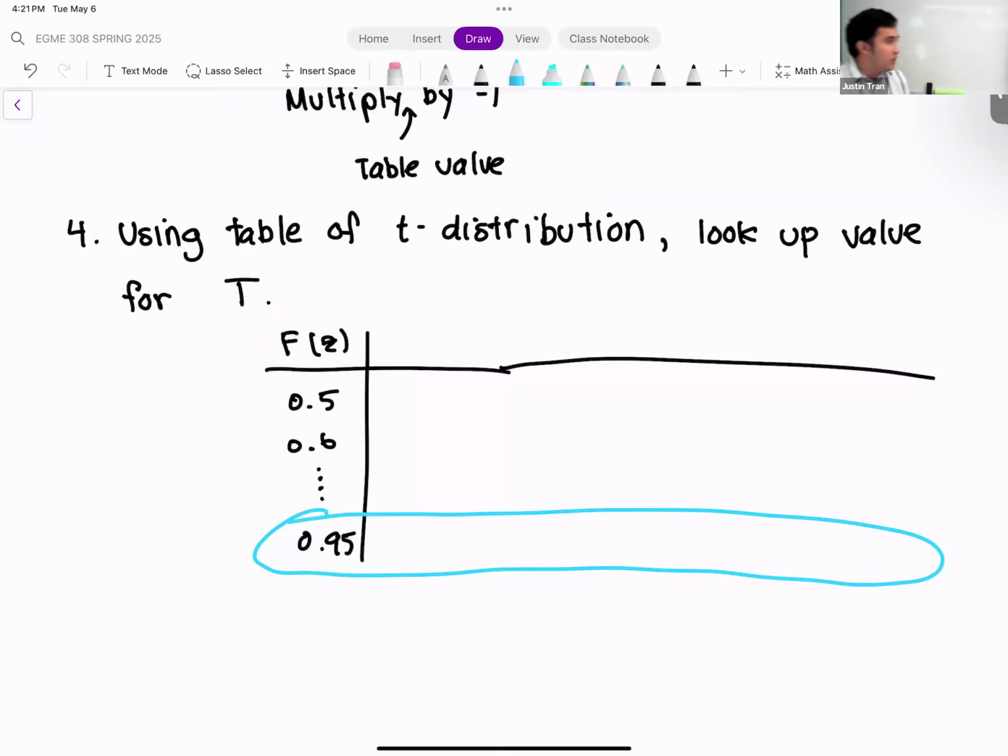So let's say that we picked a significance value of 0.05. That means the row that we're going to look at in the table is the f of z equal to 0.95 row. Okay. And then the other thing you're going to look at is the column for the number of degrees of freedom.